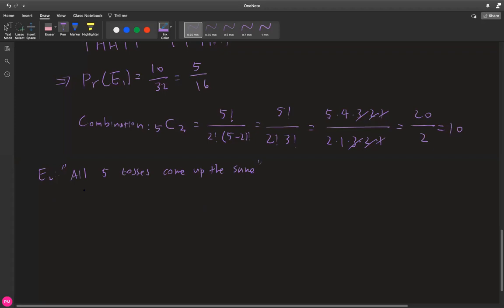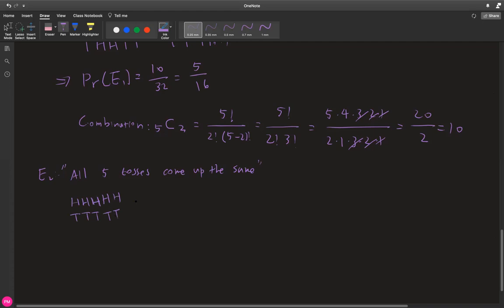So what does this mean? All 5 tosses come up the same. For each toss, you can either have heads or tails. So this implies that all 5 tosses come up either all heads or all tails. So you have heads, heads, heads, heads, heads, or tail, tail, tail, tail, tail. And you only have 2 different possibilities.